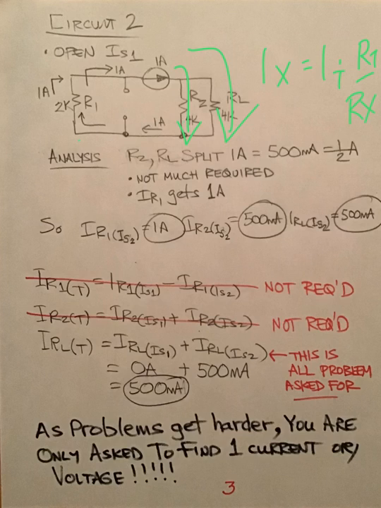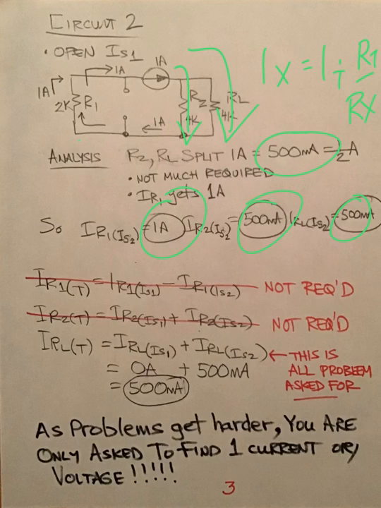They're both 4K. Therefore, you get a 1/2 amp coming through each leg. Wow. 1/2 amp in each leg, 1 amp in the first resistor. I didn't even break an equation out. This is amazing.